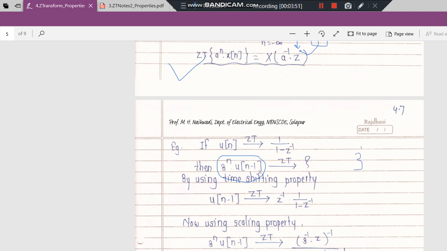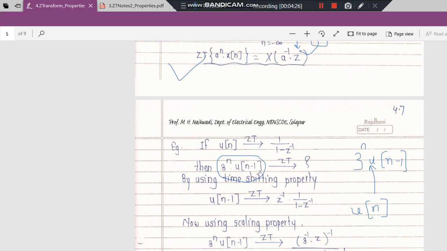It is 3 raised to n and another is u of n minus 1. Just by knowing the Z transform of u of n, we can find out the Z transform of this by using two properties. First, we will use the time shifting property. So u of n will transform to u of n minus 1. By using the time shifting property we just studied, we can find out the Z transform of u of n minus 1.